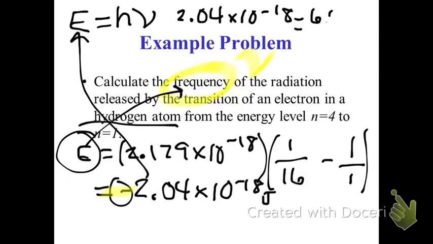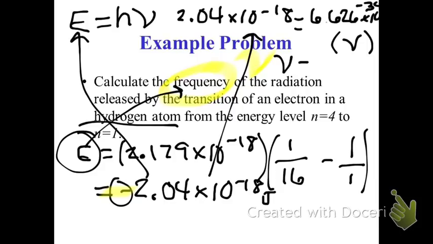So that energy I got is equal to 6.626 times 10 to the negative 34th times nu. So all I'm going to do is divide 2.04 times 10 to the negative 18th divided by 6.626 times 10 to the negative 34th.